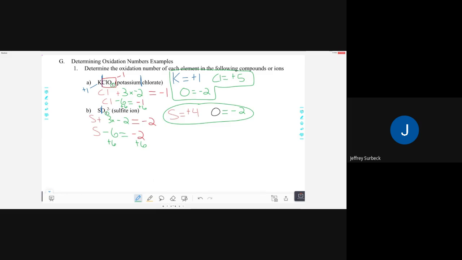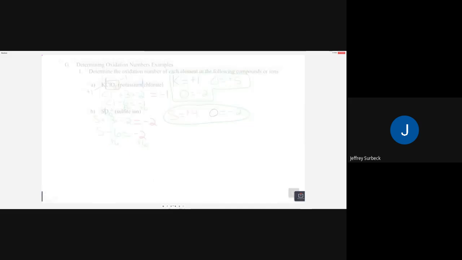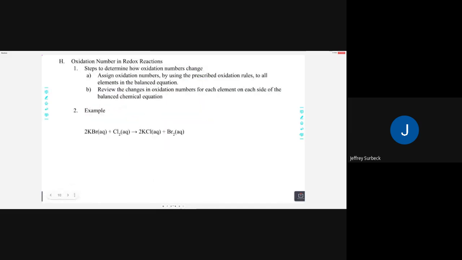Wait, if every time you see oxygen it's -2, why put oxygen in? The overall ClO3, the whole thing is negative. Oxygen contributes to that negative charge. Good question.